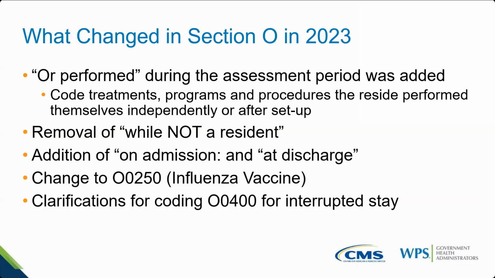Poor documentation will lead to poor coding and poor reimbursement. So your MDS coordinators will look closely into nursing documentation to code these treatments. So really make sure that documentation supports and has that detailed, accurate, and timely information that your facility MDS coordinators need to complete those sections appropriately.